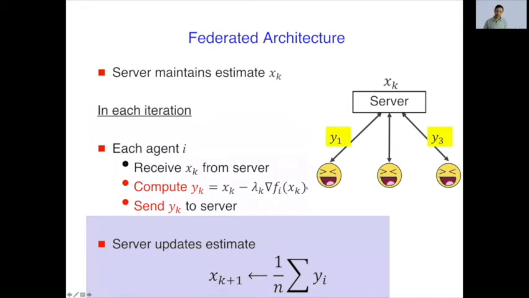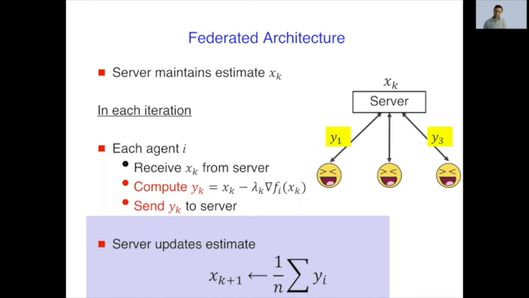So agent 1 will compute xk minus yk times the gradient of cost function f1 at xk. And this will result in computation of y1 at agent 1. Similarly, agent 2 will compute y2, agent 3 will compute y3, and they will send this back to the server.